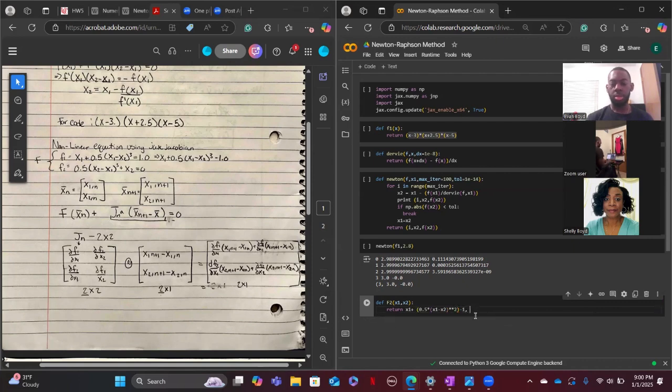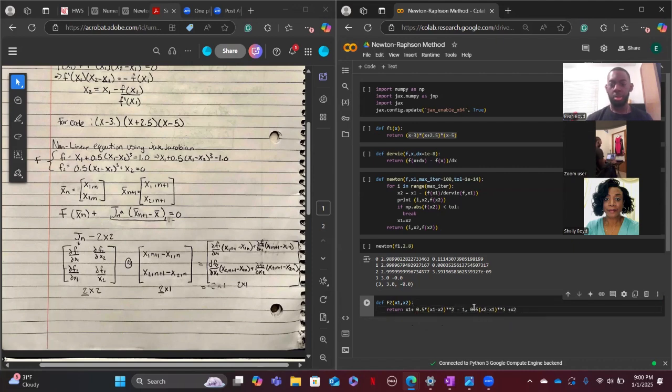And then our next function is 0.5 of x2 minus x1 to the cubed root as well, plus x2. Actually, I don't think I need a bracket here. I think we're good.